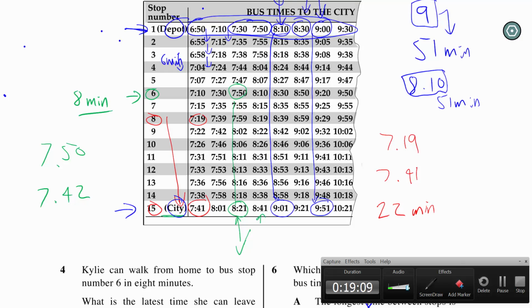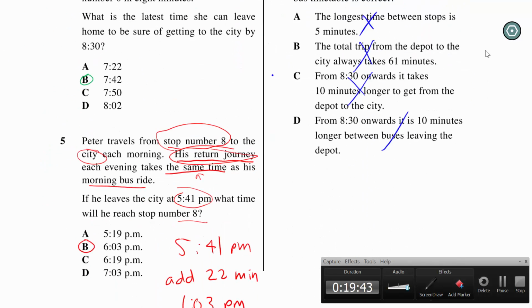If the bus leaves at 7:30, the next one leaves at 7:50. So there's a 20-minute difference. Now, let's choose one after. So 9 o'clock and 9:30. If one bus leaves at 9 and the next leaves at 9:30, that's 30 minutes. So we go from 20 to 30 minutes, which means it does take 10 minutes longer after 8:30. So the answer here is D.